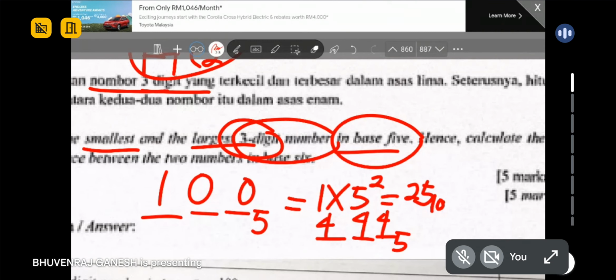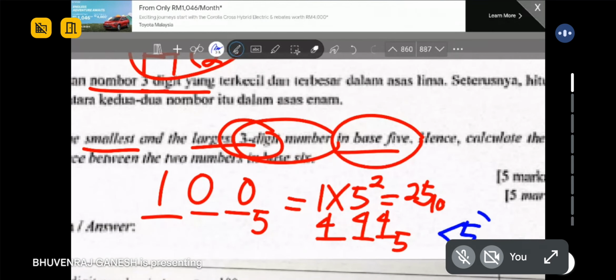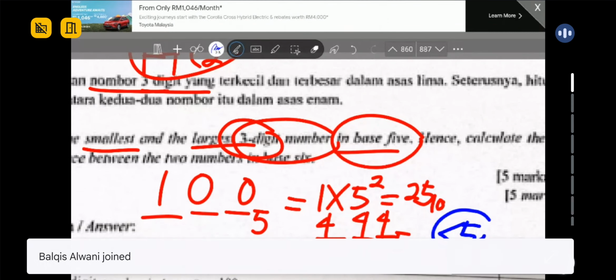Okay, boleh ke letak nombor atas dari 5? Tak boleh. Sebab asas 5, had dia adalah kena kurang dari 5. Faham tak guys? When I say base 5, only 0, 1, 2, 3, 4. Digit yang dibenarkan. Only 0, 1, 2, 3, 4. Understand? If I say base 6, asas 6, 0, 1, 2, 3, 4, 5. 6 tak boleh. 6 cannot.